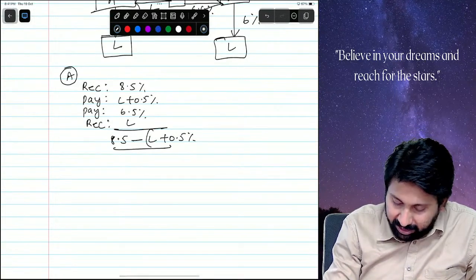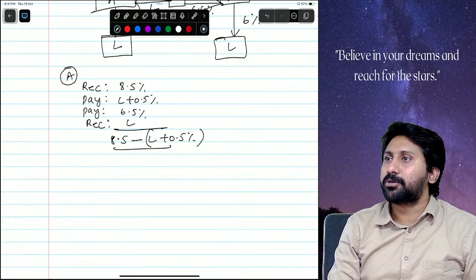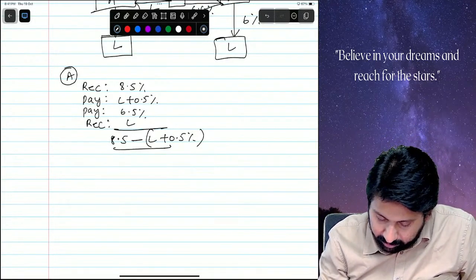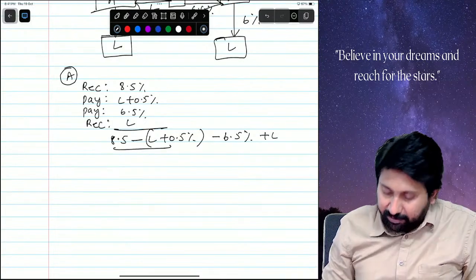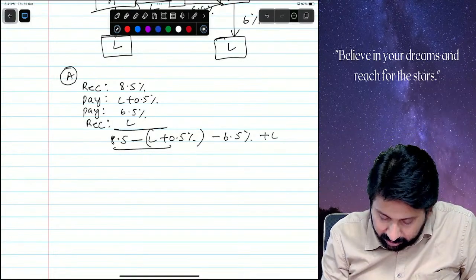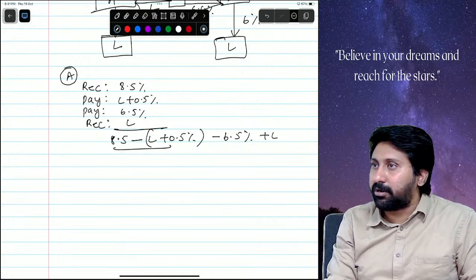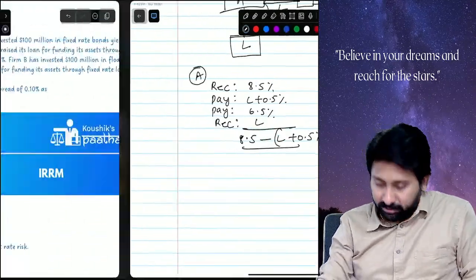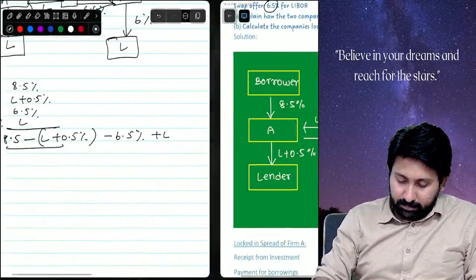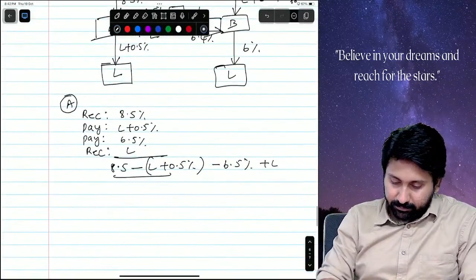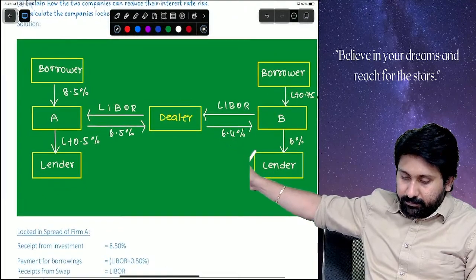Correct? The brackets I have to pay. Understood? Next, what am I doing? Minus 6.5. And lastly, I am getting this. Correct or not? Even in this case, the same answer will come to you at the end. Understood? So, first see the diagram.